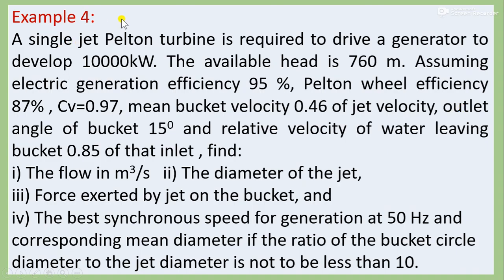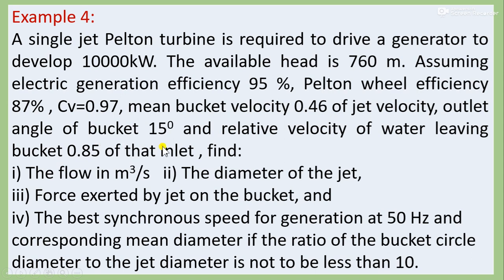Next numerical. In that Pelton wheel, generated power and head are given, we are asked to assume efficiency. Generation efficiency is given now here. This is somewhat different kind of problem we will see. Pelton wheel efficiency is 87%, value of Cv is given. Mean bucket velocity is 0.46 times jet velocity.